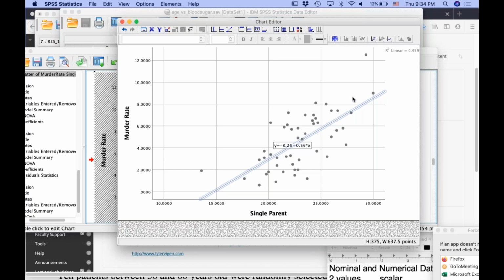What we really should see is that they're pretty evenly distributed across the bottom and the top of the line, with more of them close and fewer of them farther away. That looks about right. We want the distribution of these residuals, the differences, to be random and normally distributed.